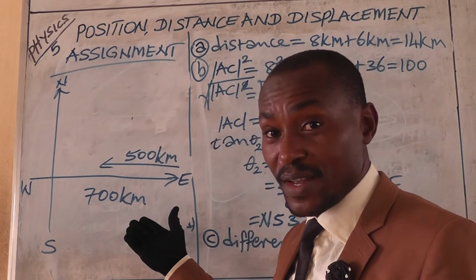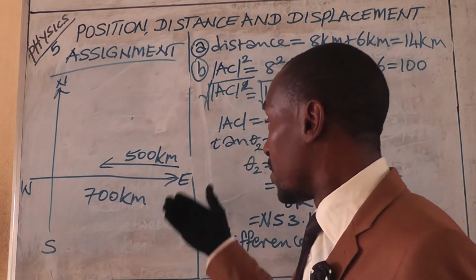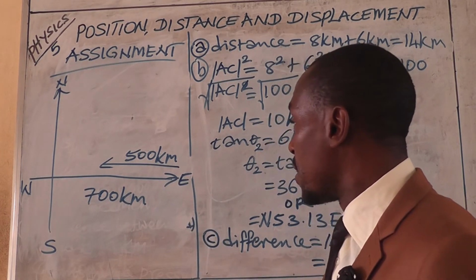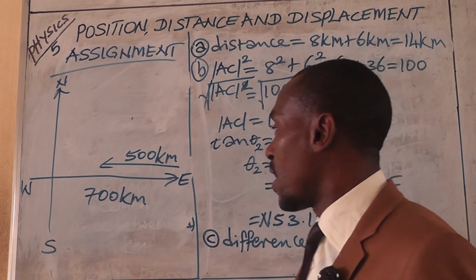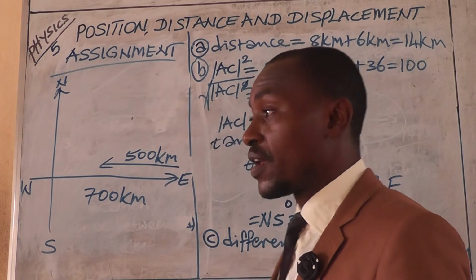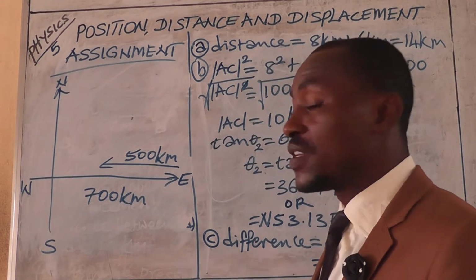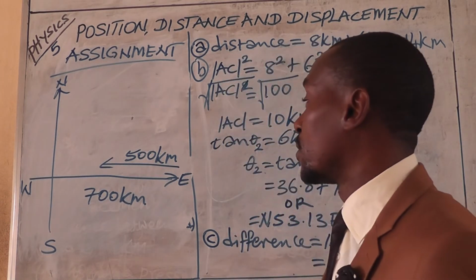I should give you the expected answer. Now, let me do my working and give you the answer. The displacement will be 200 kilometers east. That will be his displacement. The east there gives you the direction.